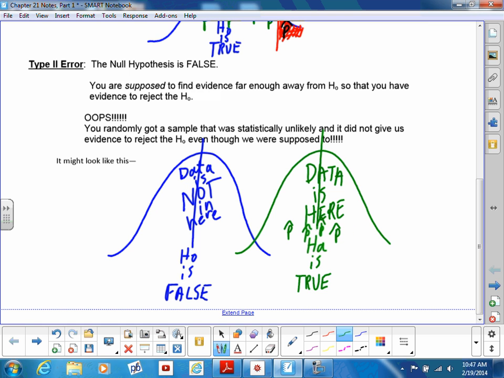And all of these samples that I'm drawing right now are going to lead you to do what? All of these samples that I have drawn in here are going to cause you to do what to the null hypothesis? Reject it, which you should, because the null is false. Let me go ahead and draw that rejection region in there, by the way. Let me put your alpha in there.